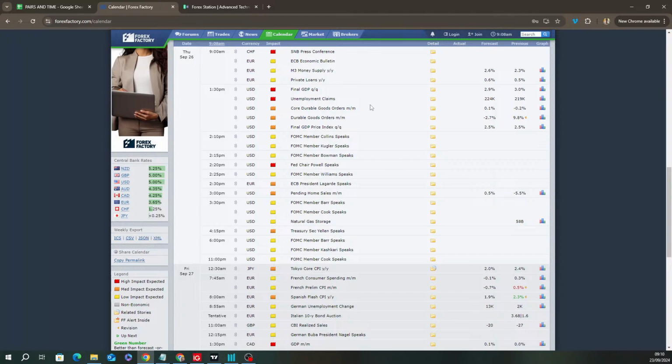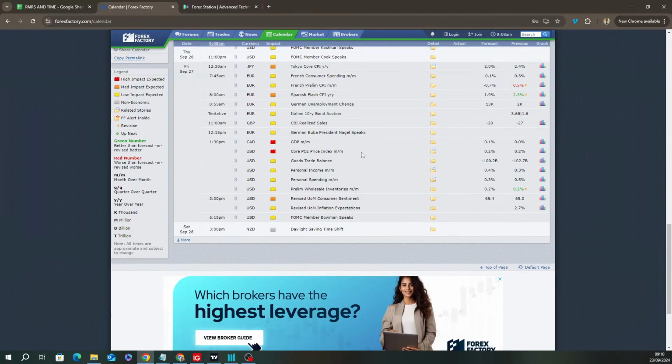So let's see how the price is going to react. And Federal Reserve Chairman Powell is speaking at 2:30 on Thursday. And Friday, nothing much is happening. The CAD and the US dollar. We have the GDP on the CAD and the PCE price index on the US dollar.